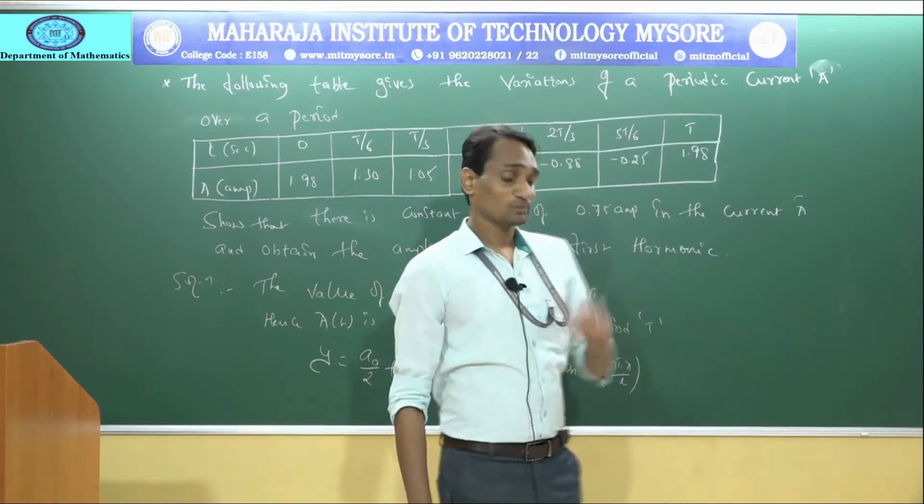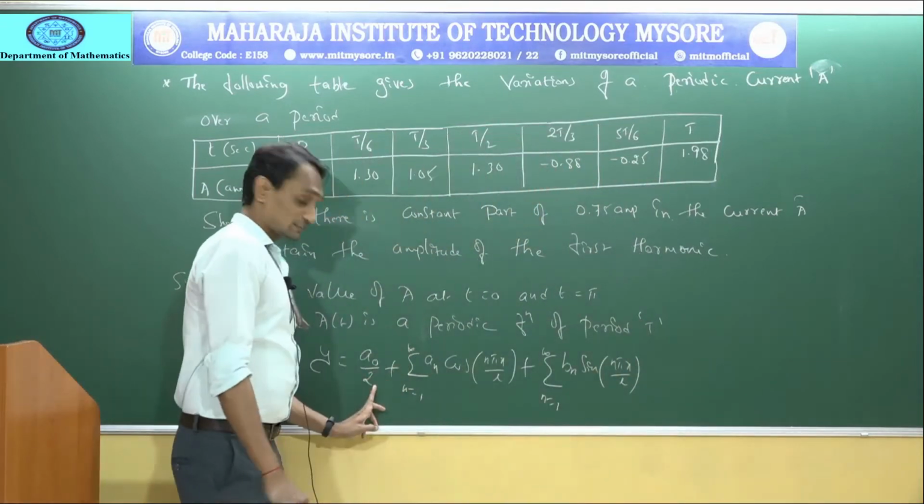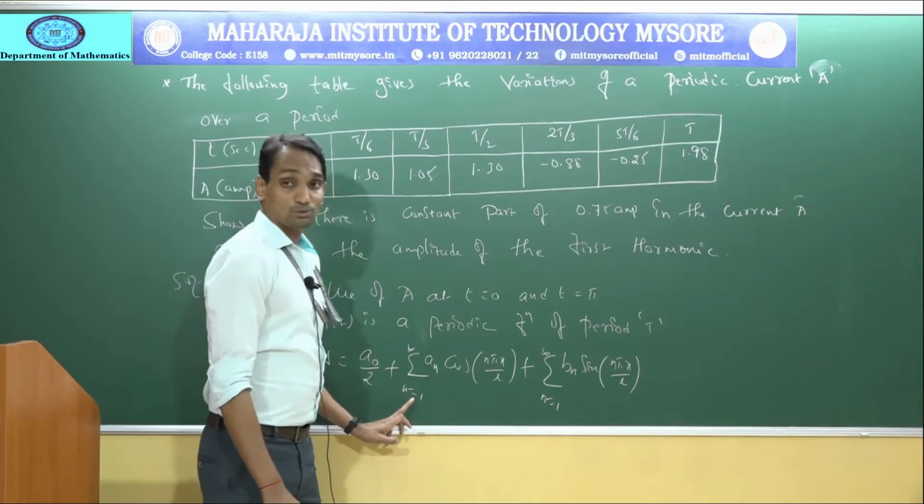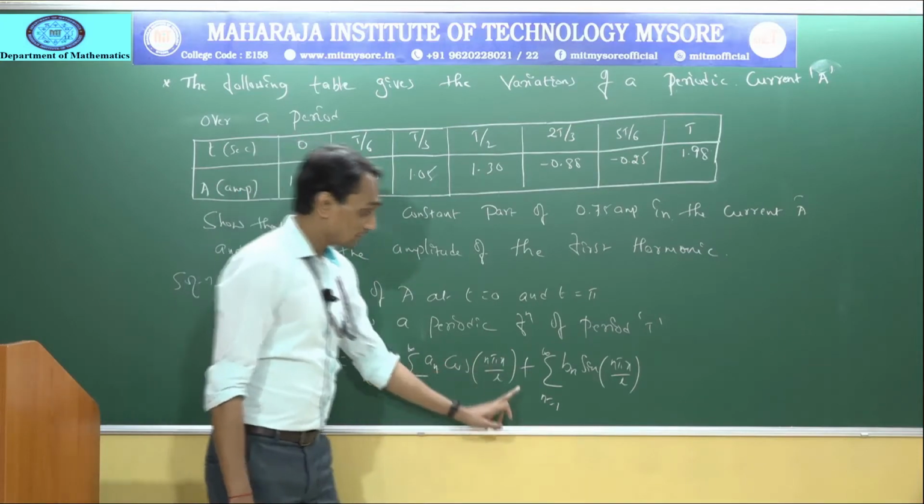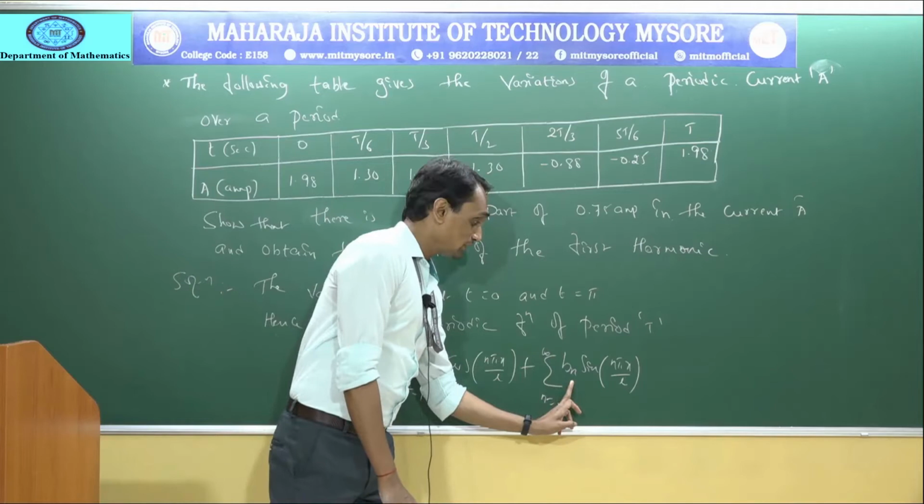Here the given question is first harmonic analysis. First harmonic analysis means that in a0 by 2 plus the series, we substitute n equal to 1 for an as well as n equal to 1 for bn.